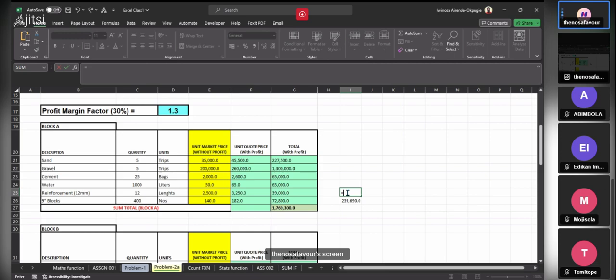Having that in mind, if you have maybe over 1,000 items, all you need to do is multiply by your new profit margin factor and drag down. Excel will just multiply everything across the board for you.